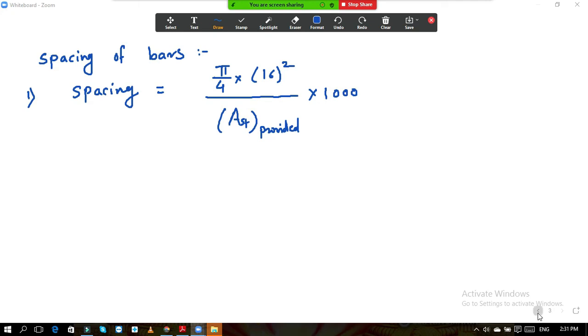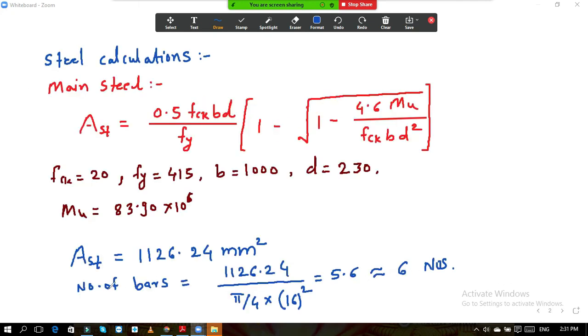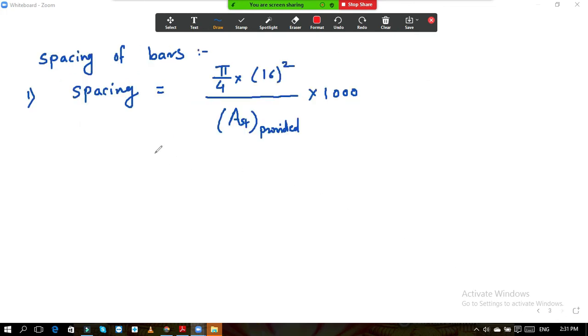Now before that, what is the AST provided? Now the number of bars is 6 and the diameter of a single bar is 16. So what is the AST provided now? I will calculate it here.